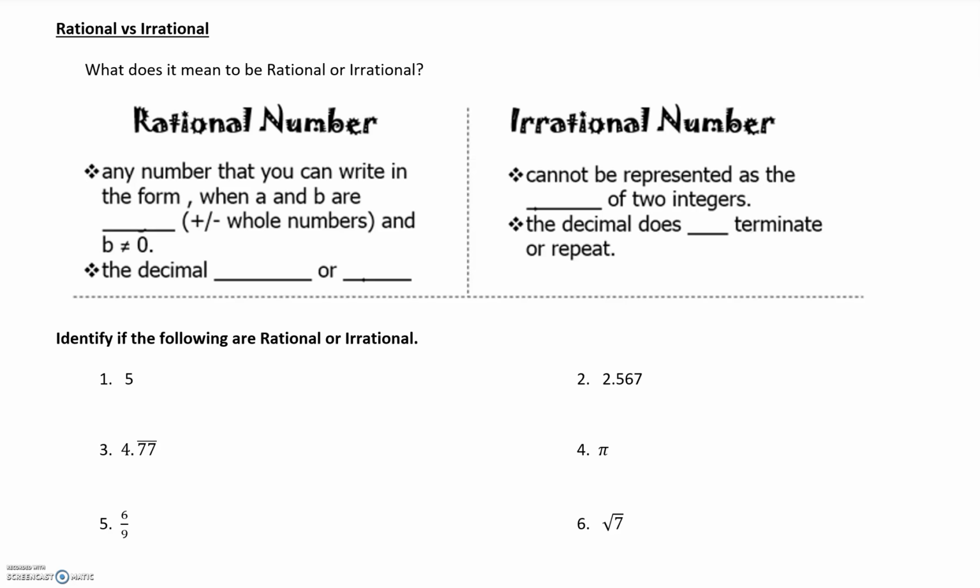A rational number is any number that you can write in the form, and this piece is missing, so in this little spot we're going to fill something in. It's any number that you can write in the form of A divided by B, where A and B are integers.